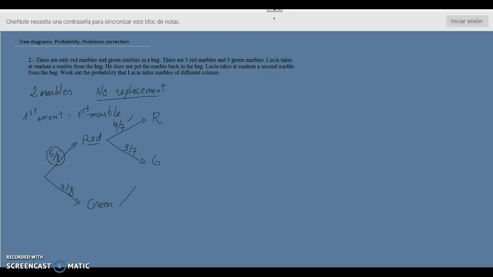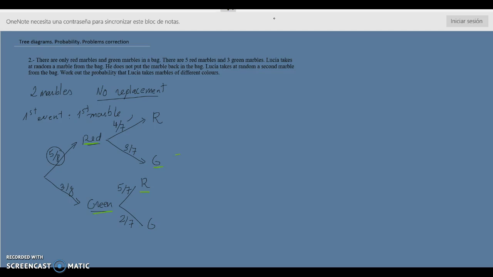For green, we have the two options, the red and the green, and the probabilities now are, okay, if we have taken one green, we have 5 red marbles over 7. And for green, we have one less, 2 over 7. So work out the probability that Lucia takes marbles of different colors. Okay, different colors. Let's see the different colors. Red and green, and green and red.